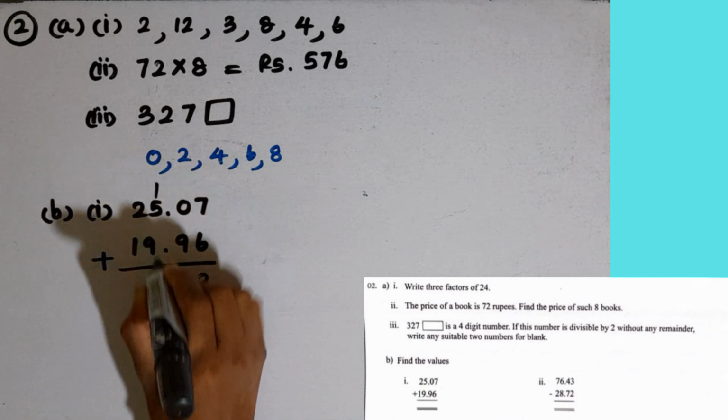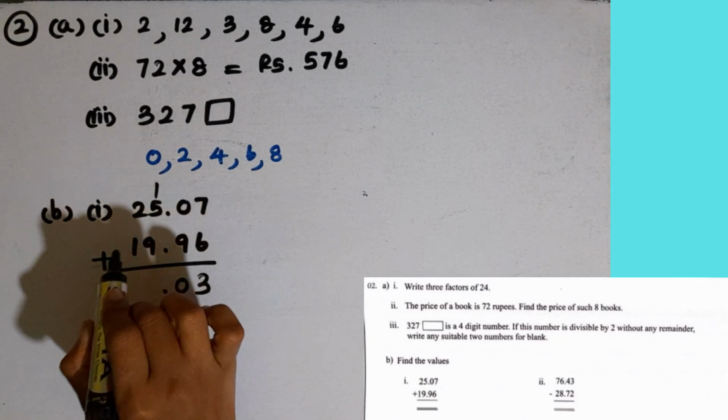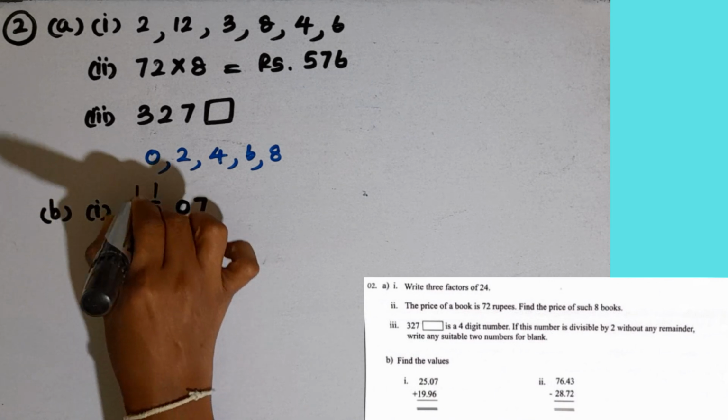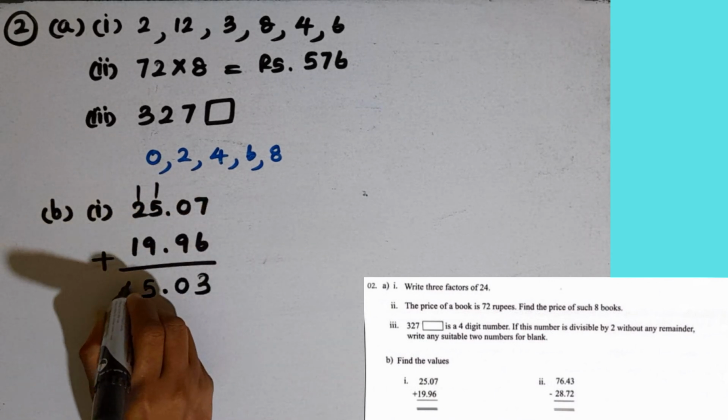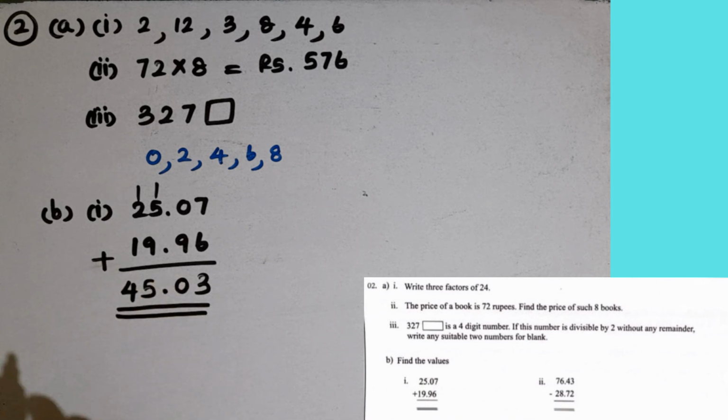Then 1 goes to the other side. We have to keep the decimal point here. 9 plus 1 is 10. 10 plus 5, 15. Then 1 goes to the other side. Then the addition is 4. So the answer is 45.03.